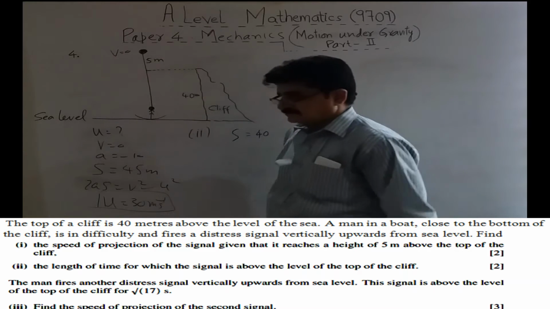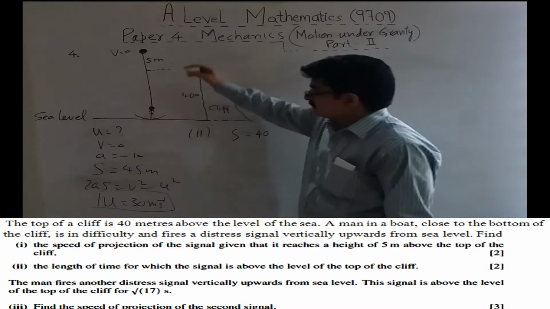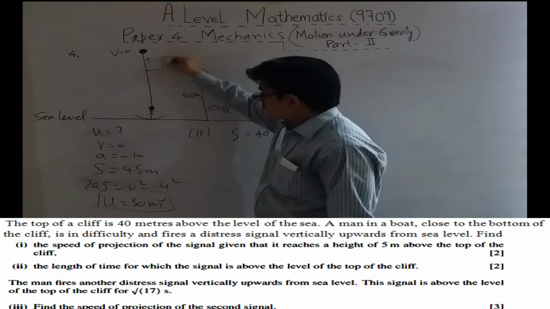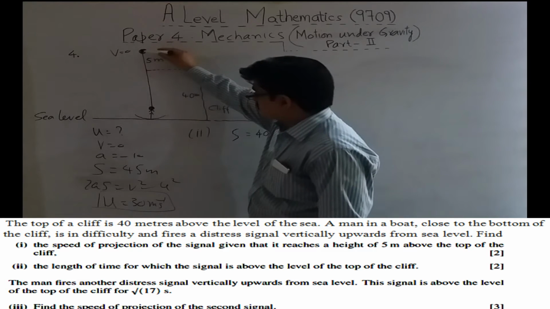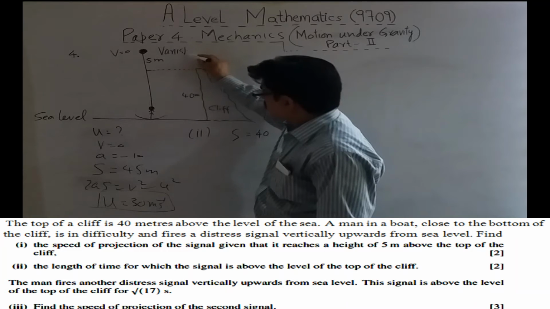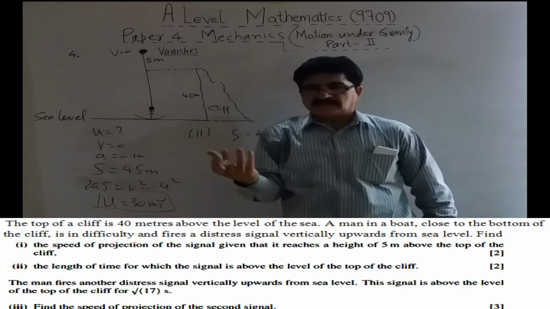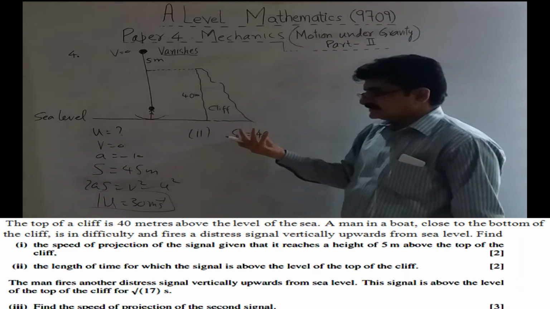Here you have a very important point. According to the statement, this signal at this highest position vanishes. This is a very important point. So it disappears. After that we can't see it.